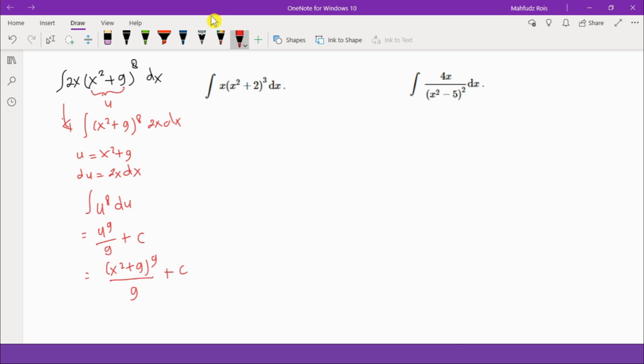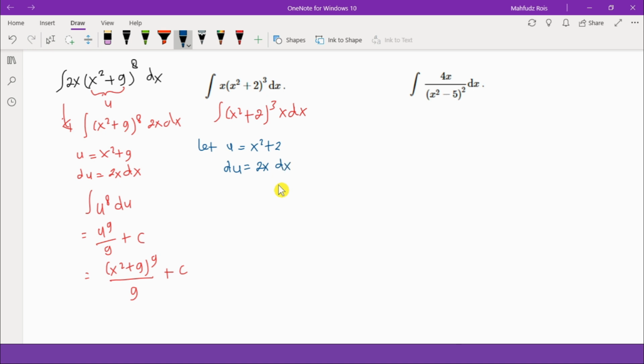First, maybe we can rearrange this integration as (x squared plus 2) cubed times x dx, right? And then let u be x squared plus 2, and then du will be 2x dx, right?